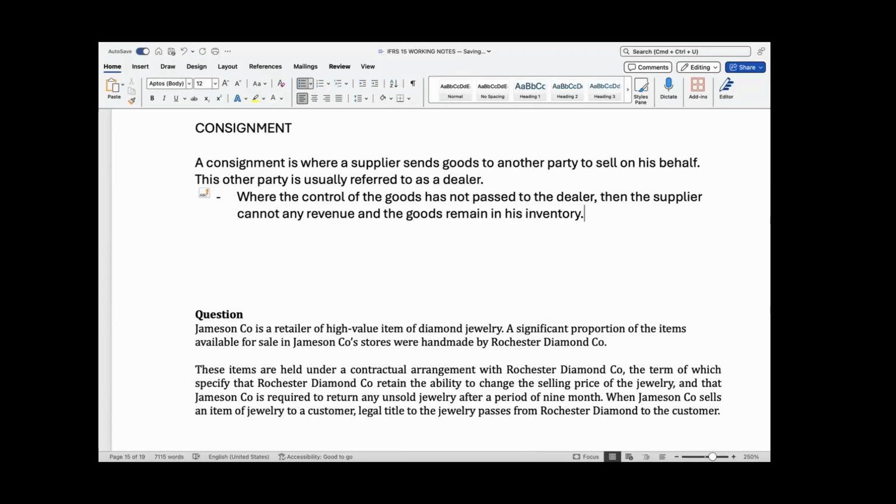When they give you the scenario, you will see that this person is just helping us display, just helping us to sell. And the dealer is just waiting to sell so that he can get some money as well, which is good.